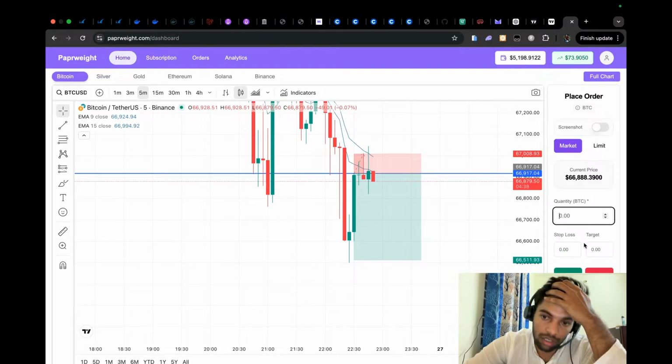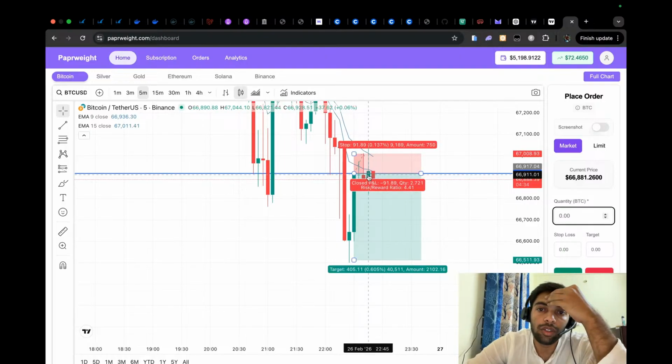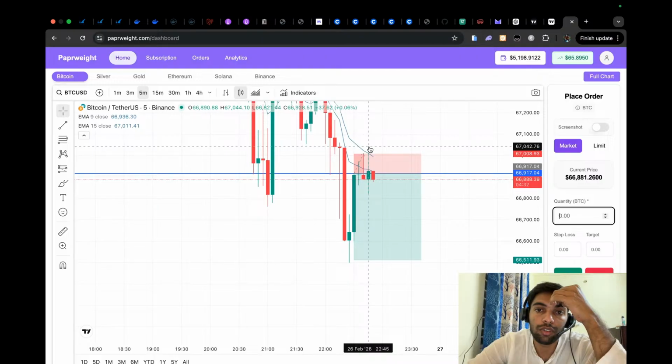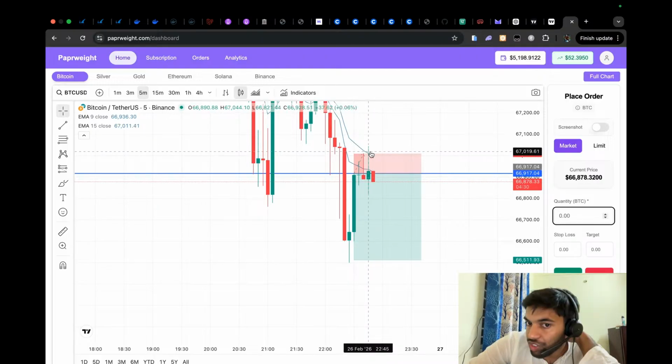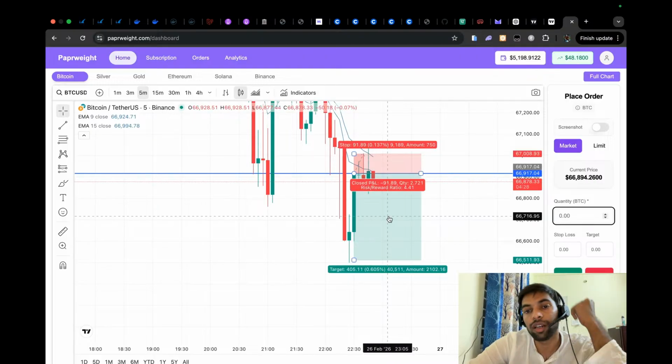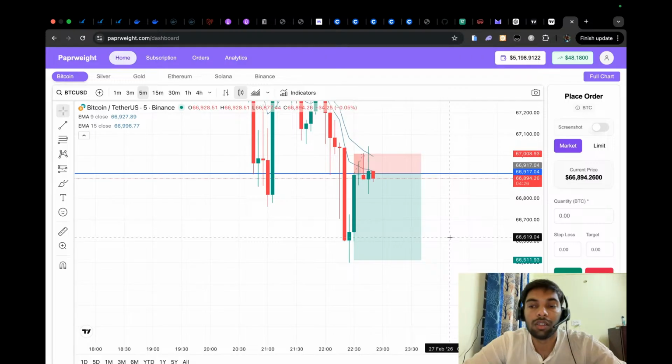Bitcoin is giving another chance. See, but this is not good. This just took the stop loss of all the weak sellers. Now the market is going in the downward direction.